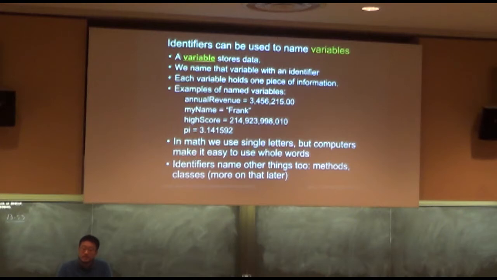Yes? I'm Olivia, and isn't pi already stored in certain programs? That's a great question. So pi is indeed stored in certain programs and in certain languages. It's called a constant. We generally don't assume that it's stored, just from the most abstract programming perspective.